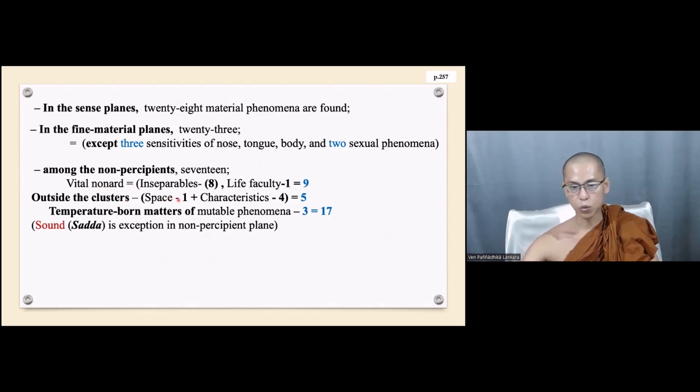Outside the cluster, space and four characteristics, altogether five. This is during the course of existence. Then temperature, matters, or mutable phenomena, three. In this way, 17 material phenomena that can be found in the non-Participians are enumerated.